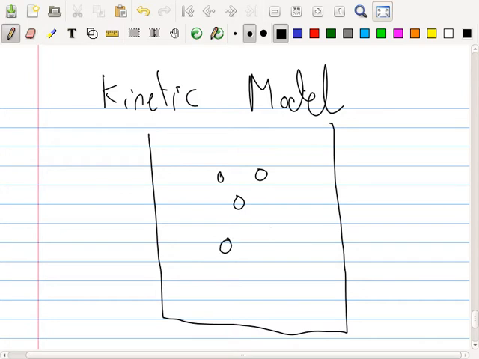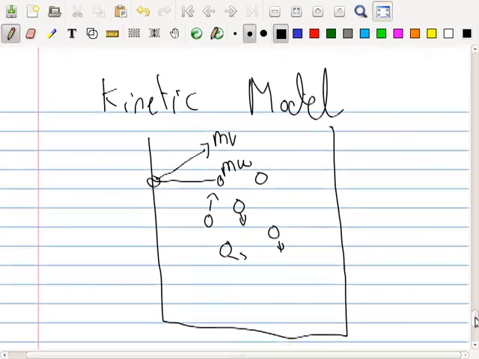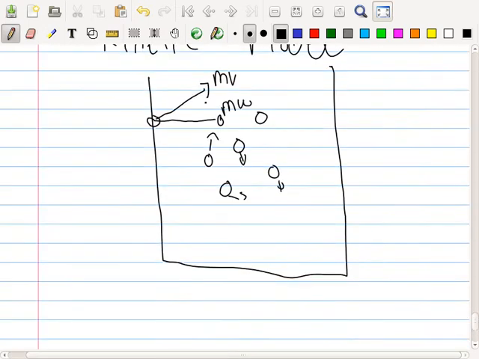But we know from chemistry, here's our gas, and these all move, yes? Now what happens when it comes against the wall? It bounces and comes off like this. Now let's say this momentum is mu and this momentum is mv. Why is this mu and that mv? Well, this is before and then this is after. Okay?